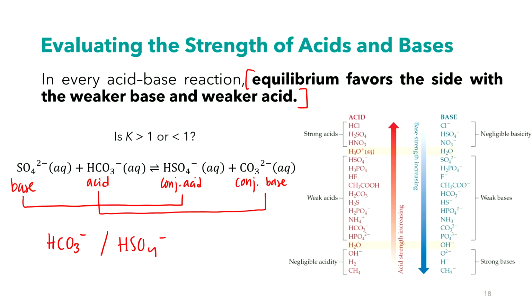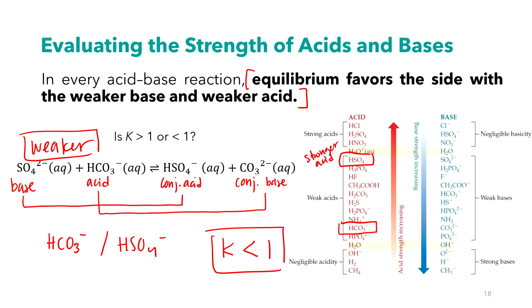I want to know which one of those is stronger. I go over to my diagram and ask, where is it? There's HSO4 minus, and there's HCO3 minus, all the way down there. So HSO4 minus is the stronger acid. HSO4 minus wants to give away that proton more than HCO3 minus. So I should find myself on the weaker side, which in this case was the reactants. So K will be less than 1.